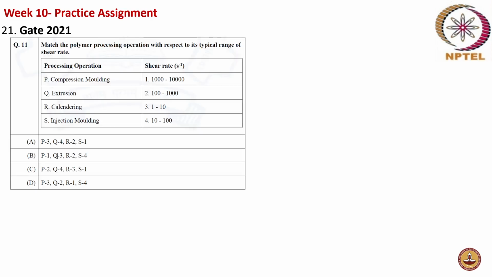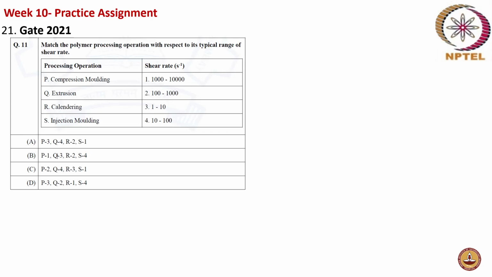Next, match the following polymer processing operation with respect to its typical range of shear rate. So the operations are compression molding, extrusion, calendering, injection molding. The shear rates given are 1000 to 10,000 second inverse, 100 to 1000 second inverse, 1 to 10 second inverse, and 10 to 100 second inverse.